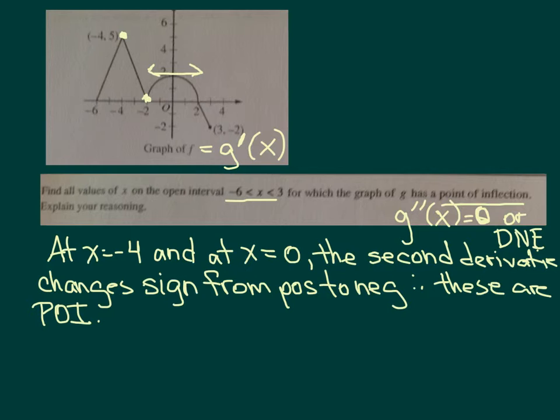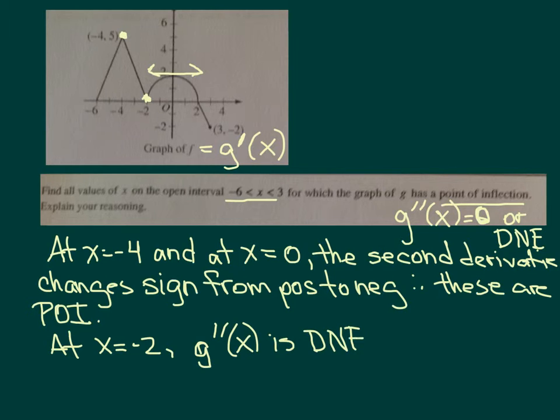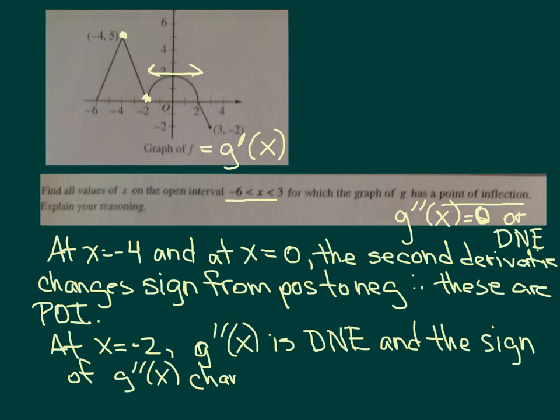Okay, now let's justify at x equals -2. And we can say at x equals -2, g double prime of x is DNE, and the sign of g double prime x changes from, and what does the sign change from?